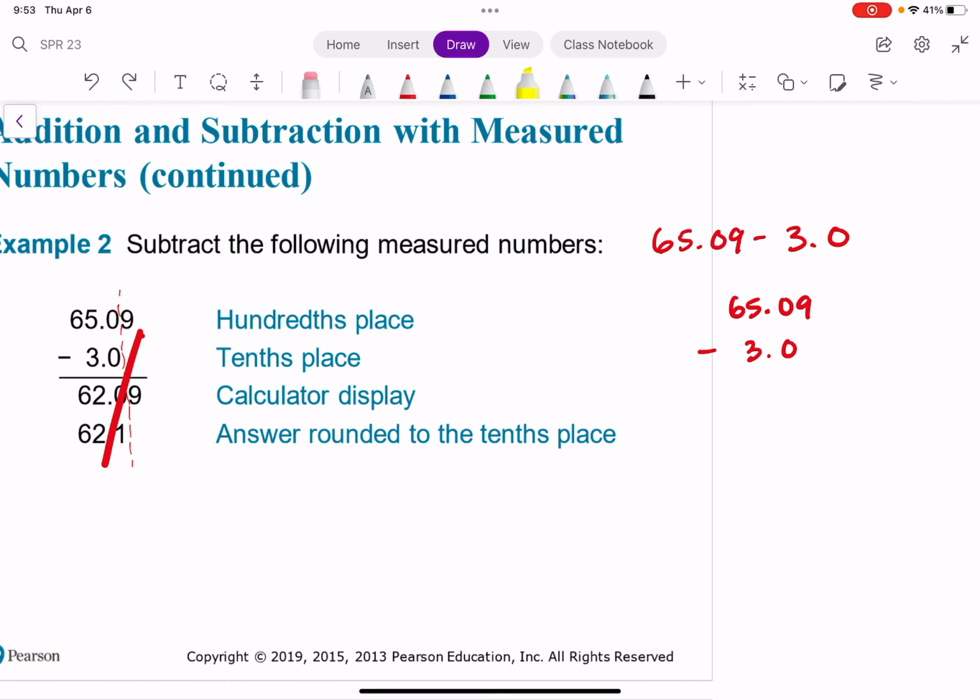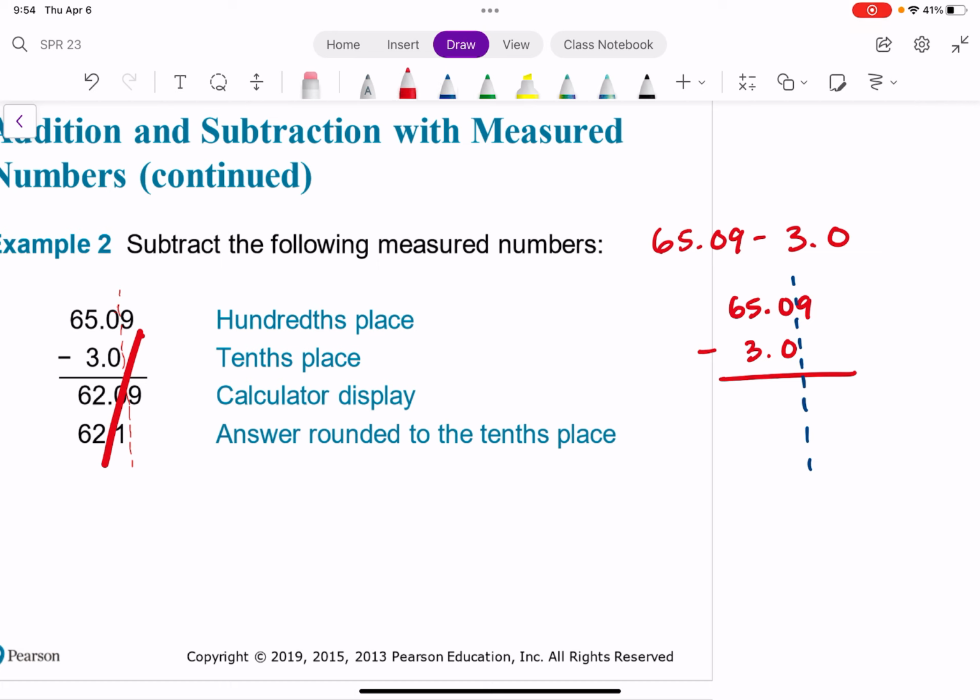So I put them in a line like that. We're subtracting those two things, and I know this one has the lowest decimal place because it's in the tenths place. The other one is in the hundredths. So let's write a little line down here, and our final answer needs to be reported to that line.